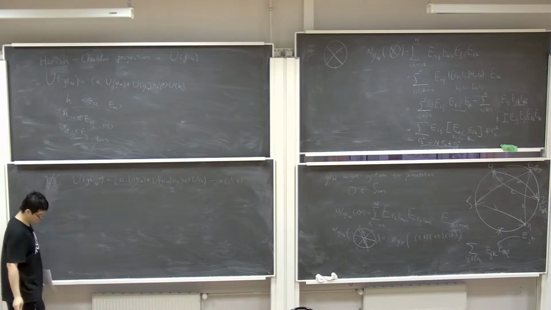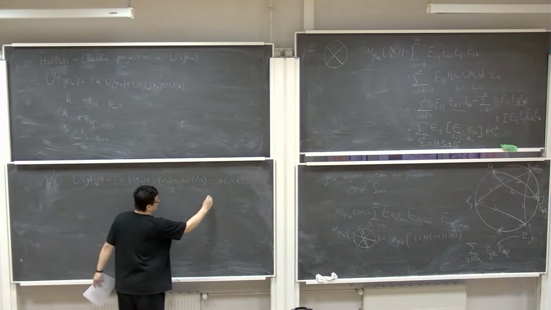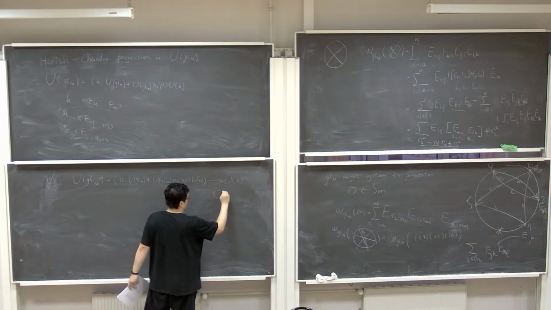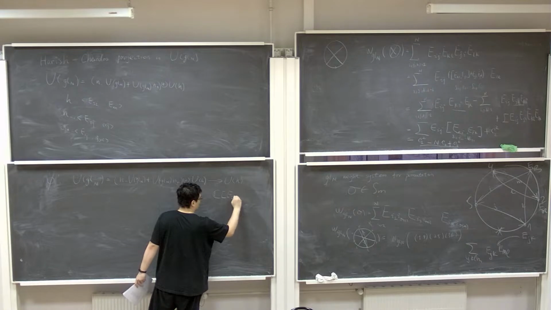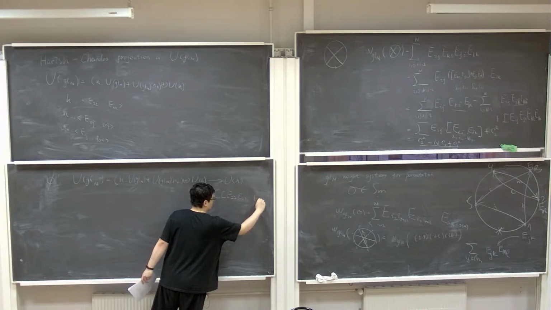So instead of a non-commutative associative algebra, we deal with a commutative one. And we know that U(H) is actually a polynomial algebra in E11, E22, and so on.